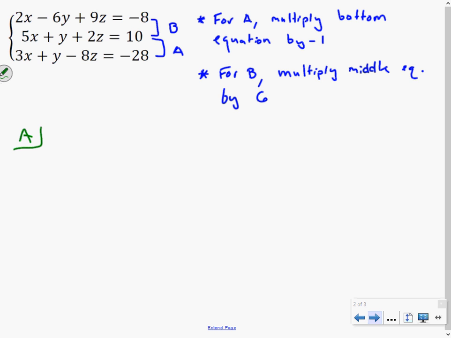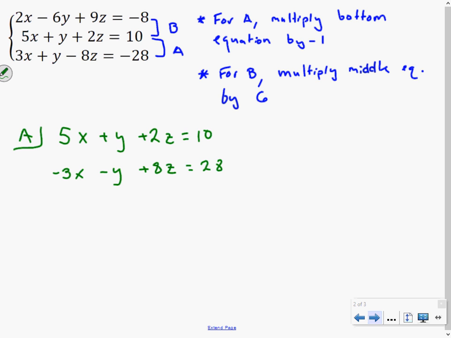So a is what we're going to get when we do elimination between the middle and bottom equation. So we've got 5x plus y plus 2z equals 10. And then I said I was going to multiply that bottom equation by -1. So we really have -3x minus y plus 8z equals positive 28.